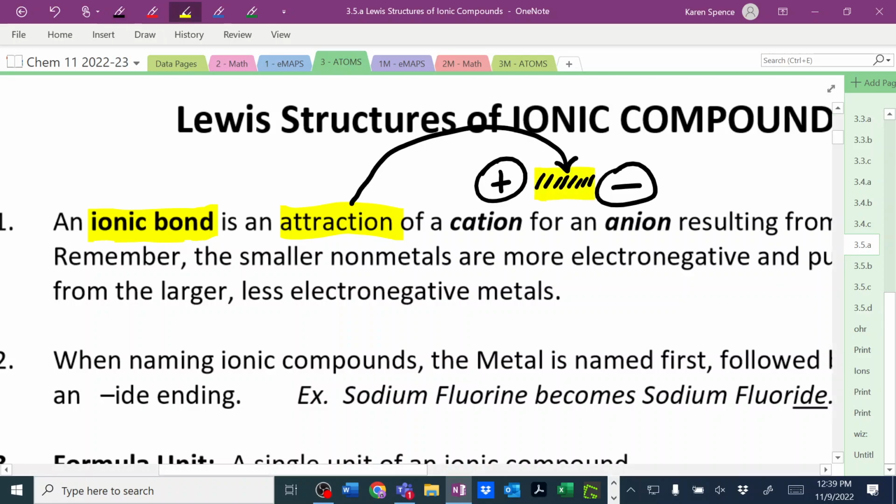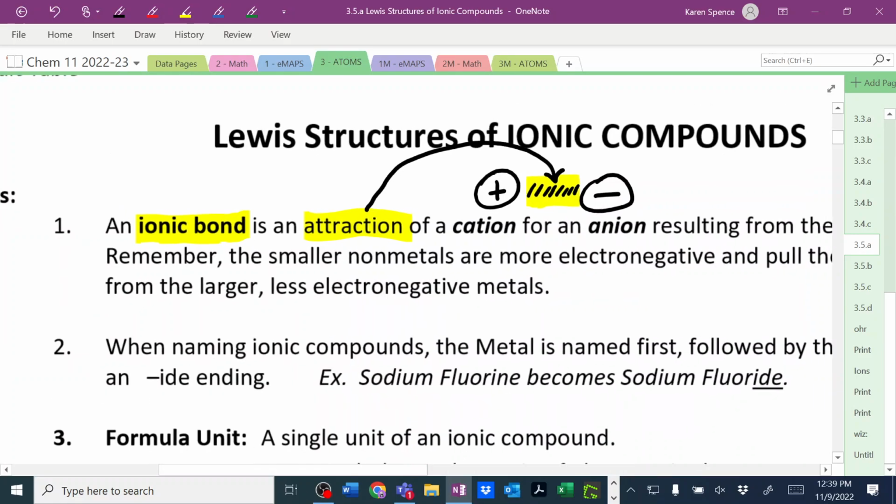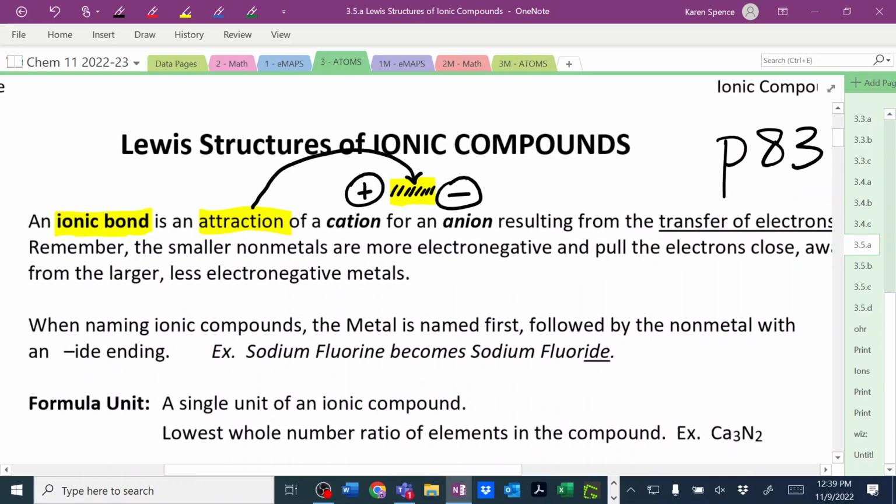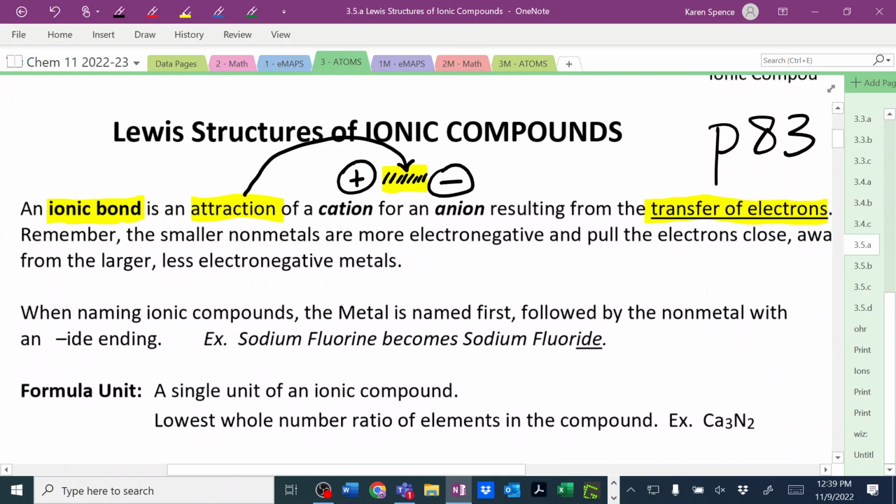So it is that attractive force between a cation and an anion, that is what an ionic bond is. And it results from the transfer of electrons, which we are going to be learning how to draw today, the transfer of electrons from one atom to another atom.